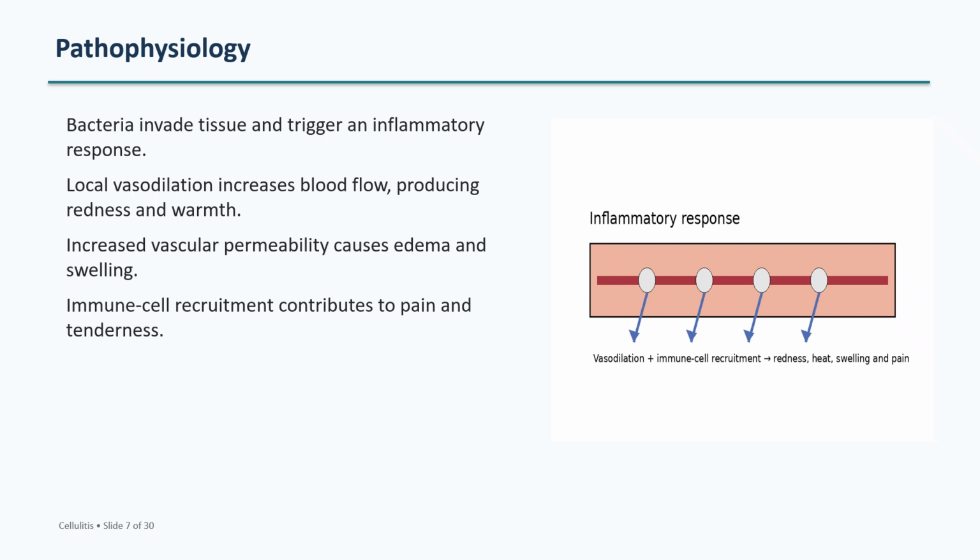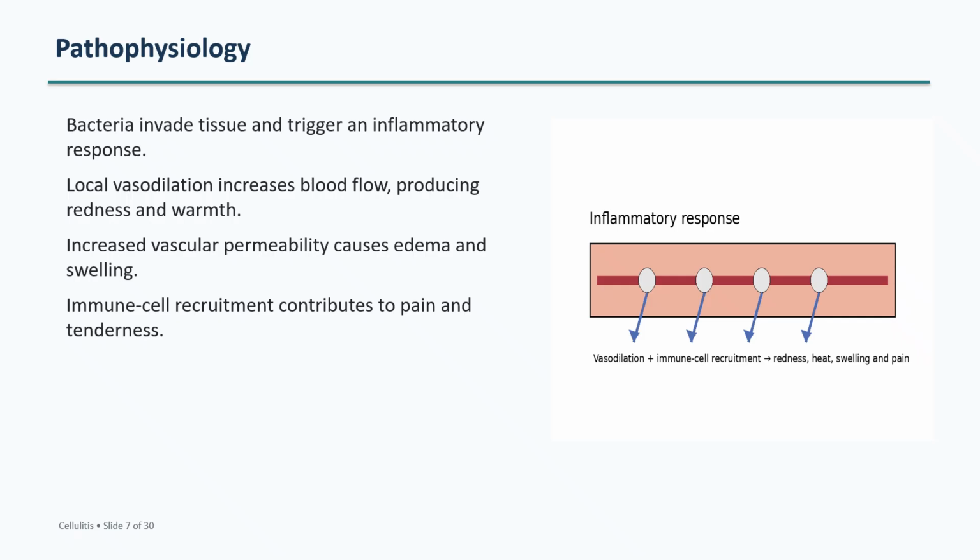So now we will see and understand the pathophysiology of the disease. What happens? The bacteria invades the tissue, and it will trigger the inflammatory response. Because of the inflammatory response, vasodilation occurs, and immune cells are recruited. At the site, immune cells get activated, and because of that we will see redness, heat, and swelling at the site of infection.